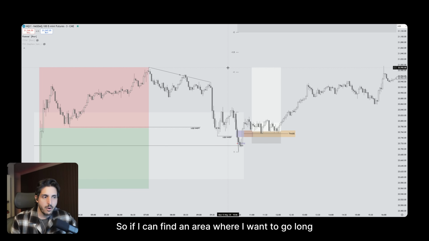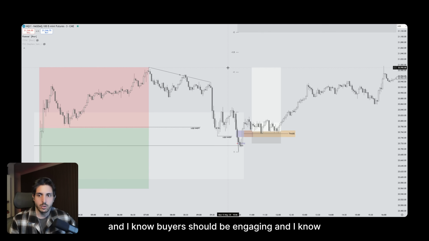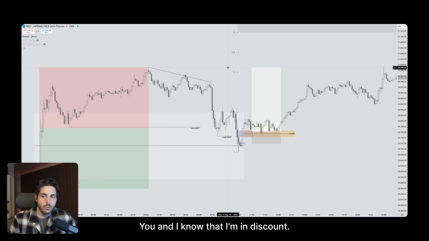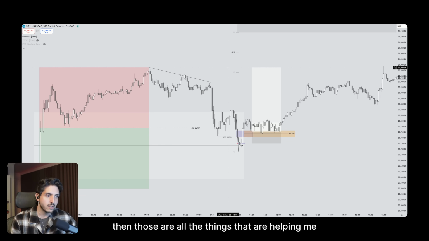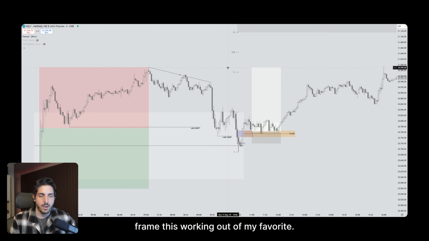So if I can find an area where I want to go long and I know buyers should be engaging, and I know we've already taken the liquidity needed for that fuel to push the price higher, and I know I'm in discount for a buy, then those are all the things that help me frame this working out in my favor.